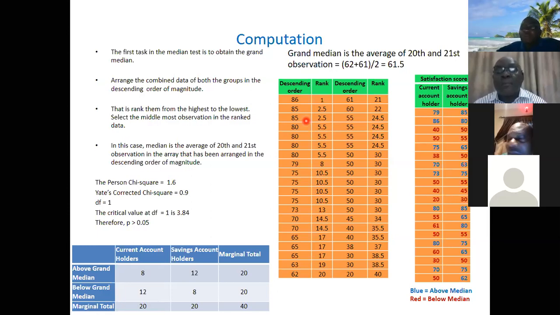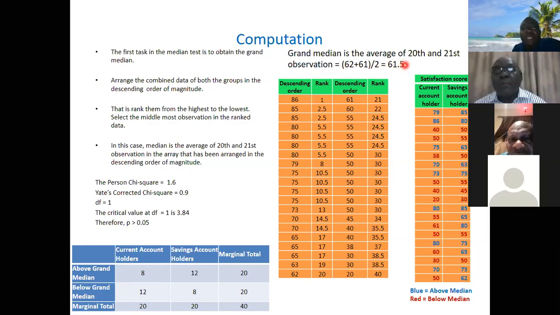So the median will be from those 2. Number 20 is 62. Number 21 is 61. Can you see? Yes, sir. So the combined median for both groups together will be 62 plus 61 divided by 2, making 61.5.